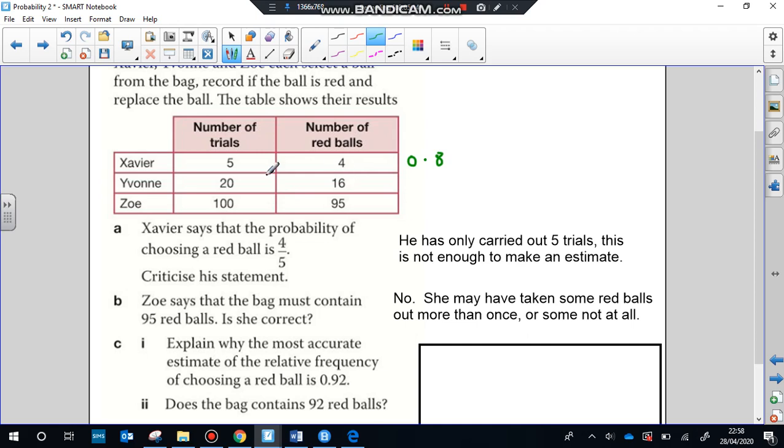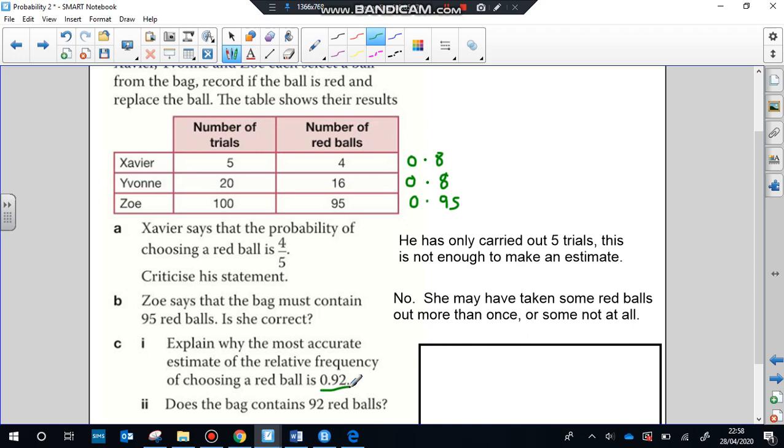Yvonne would get 16/20ths. Okay, and if you do that on a calculator, 16/20ths is also 0.8. And Zoe's would be 95 out of 100, which is 0.95. So none of those give me what we're asked to do, which is 0.92.